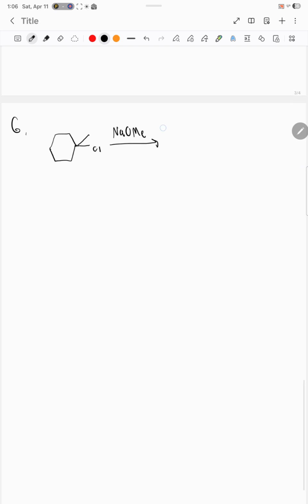Remember, we could get either product, this one or that one, but it would just be this one because it's symmetrical. It'd be like that, and then we get a double bond. So what would the answer be?